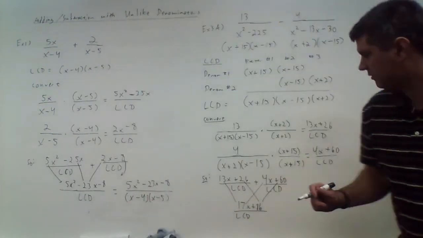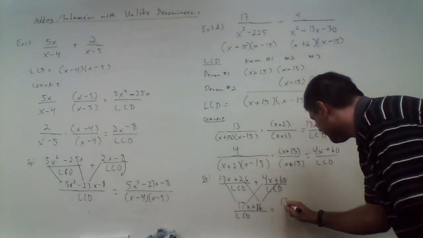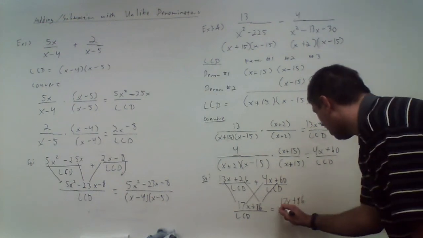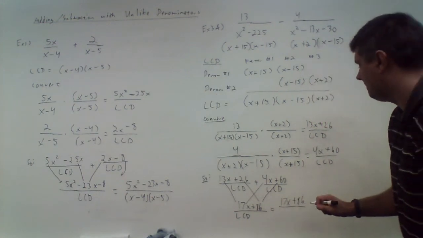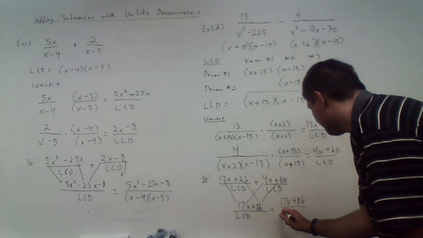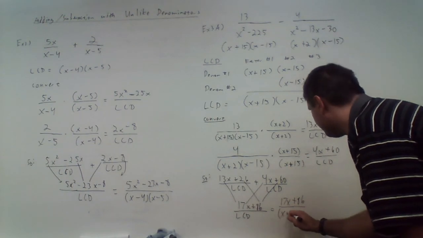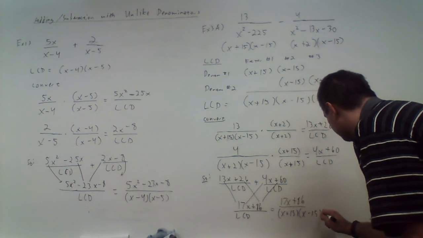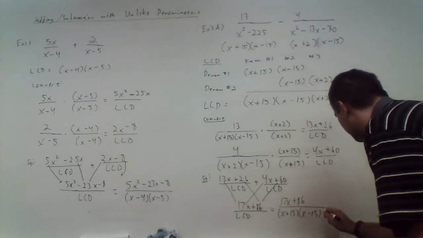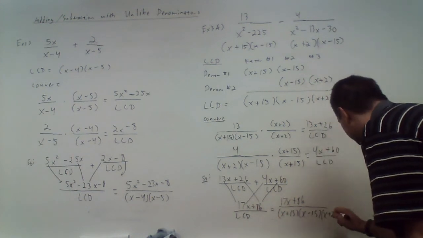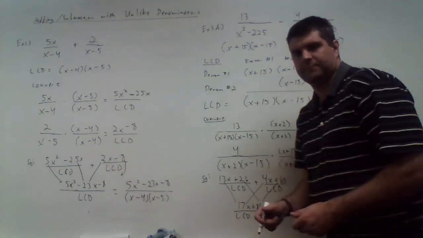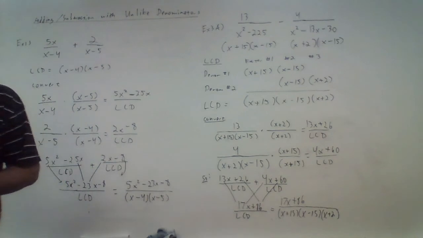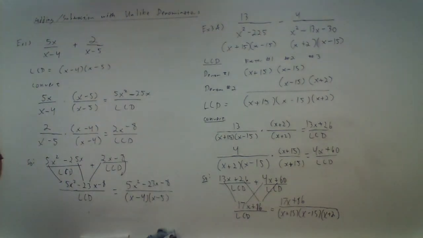Okay, so the end result is 17x plus 86 over x plus 15. The LCD is x plus 15, x minus 15, x plus 2. All right. And that is where I'm going to stop for this video.